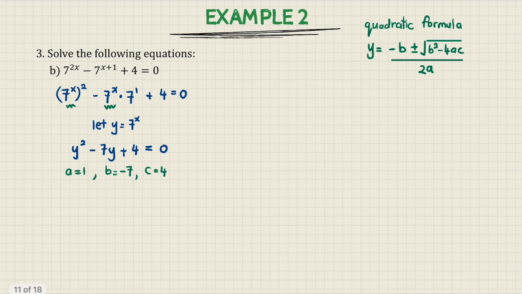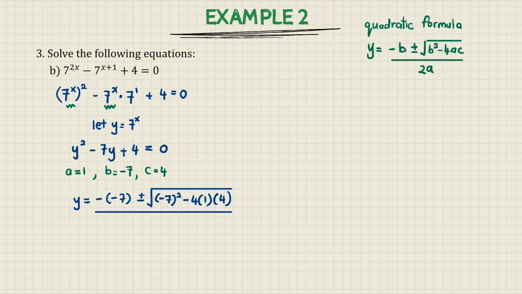Okay, so now our y will be equals to negative kepada negative 7 plus or minus the square root of b squared. So negative 7 squared minus 4, A adalah 1 and C adalah 4. And this will be divided by 2A dan A kita tadi adalah 1.